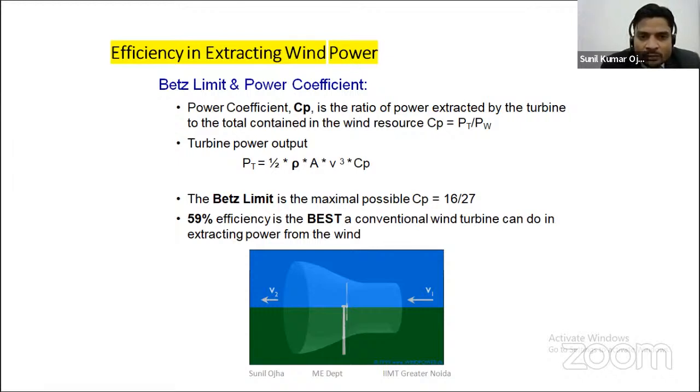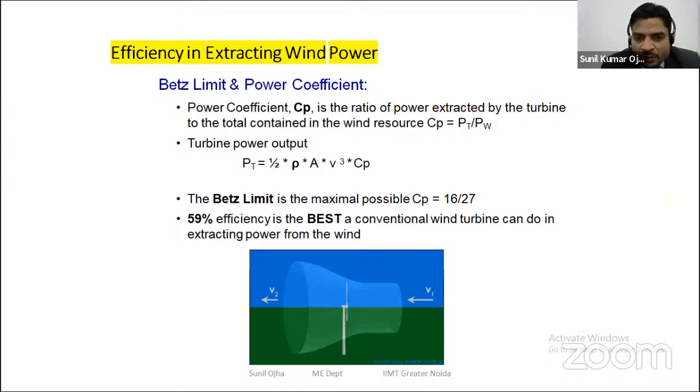So the power output we can calculate as Pt equals half rho A v cube into Cp. Here Cp is bounded by the Betz limit, the maximum possible amount of power extraction from the wind.